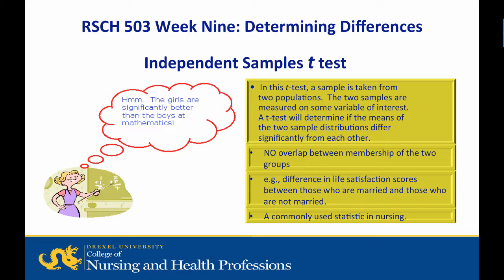An example might be the difference between means on a life satisfaction scale of married adults versus single adults, or the difference between means on the learned helplessness scale of adults with coronary artery disease versus those without coronary artery disease. This is a very commonly employed test in the health and social sciences.